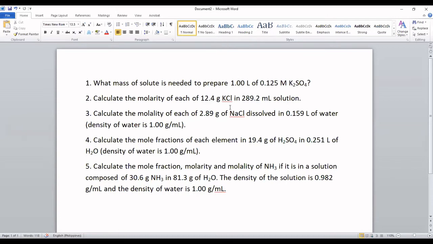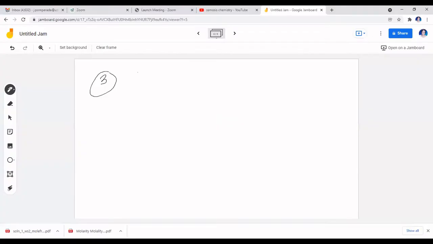So we have the mass of sodium chloride, which is 2.89. So let's go to our Jamboard. The mass is 2.89 grams of sodium chloride.